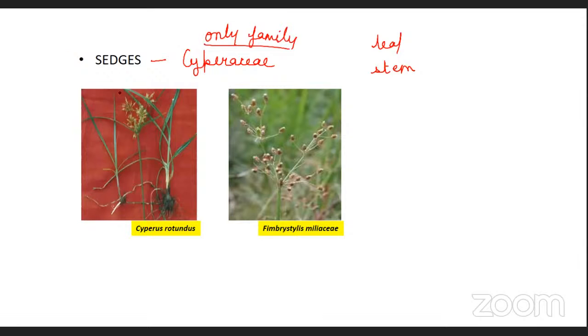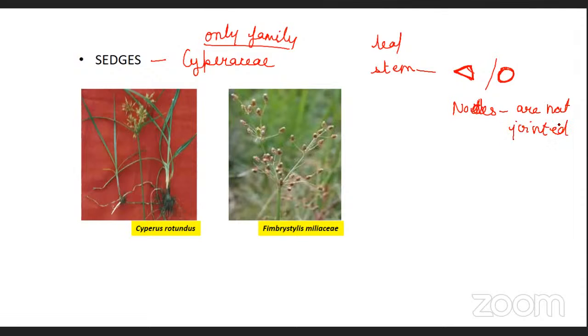If we talk about the sedges, the stem is triangular in shape, or in some cases circular. But their nodes are not jointed, as we know that in the grasses the nodes are jointed, but here the nodes are not jointed.